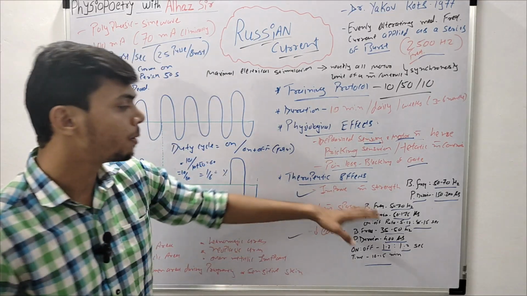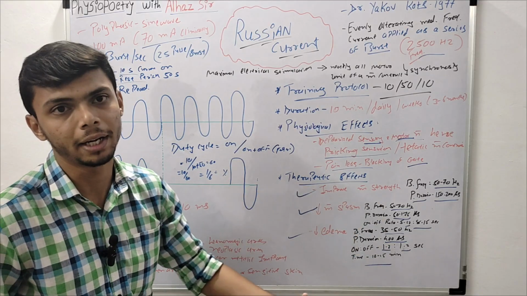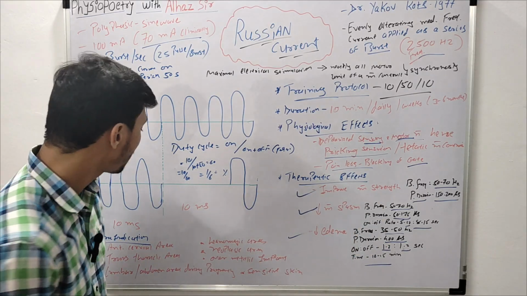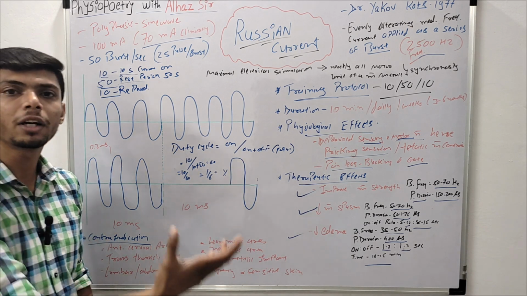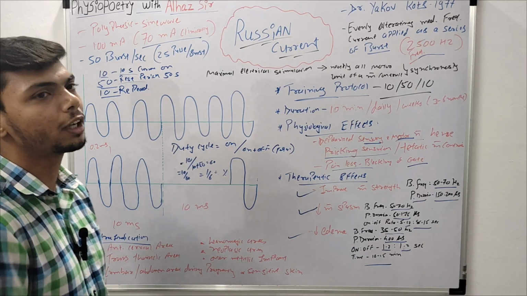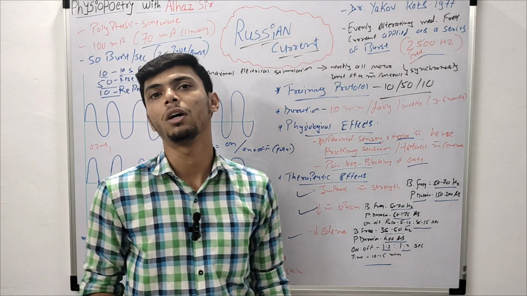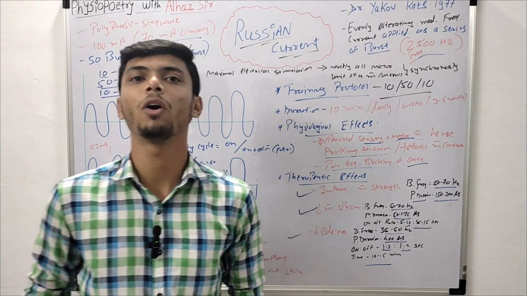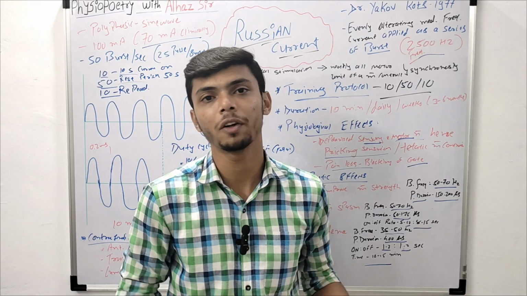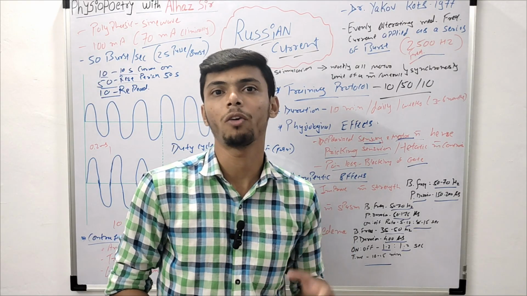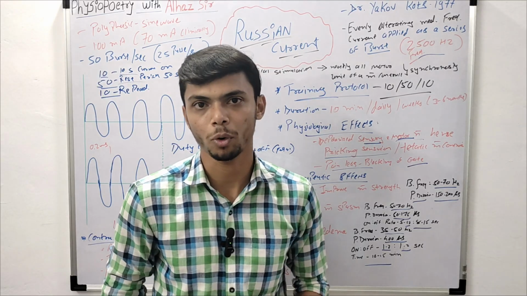So yes, we have to remember these parameters and we can apply them to gain maximum benefits. There are basic contraindications which we generally follow in different currents also. So those are the contraindications and indications. As I have previously said, we use it for strengthening of a muscle after any injury. For recovery purposes, we use this along with a traditional strength training protocol.